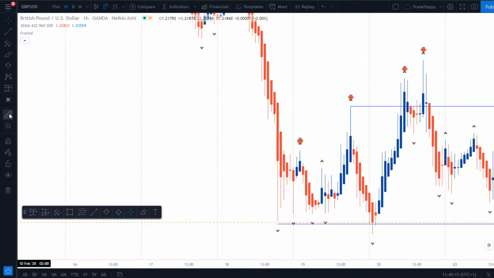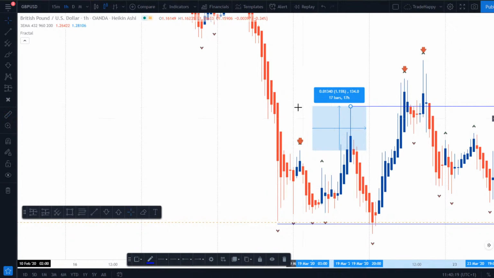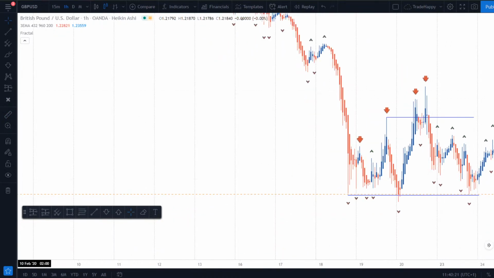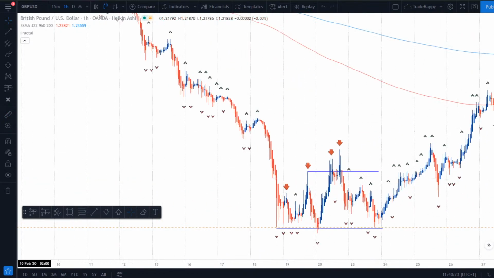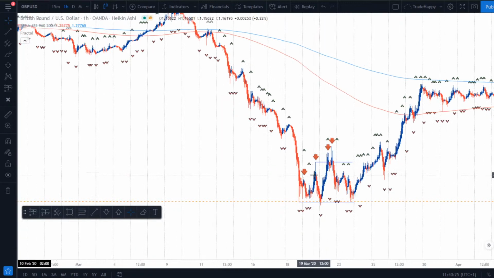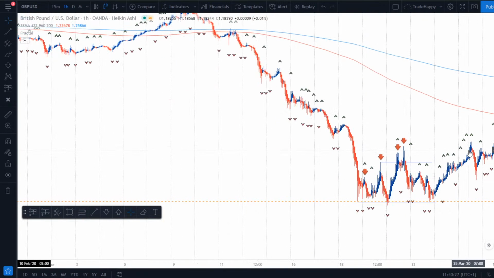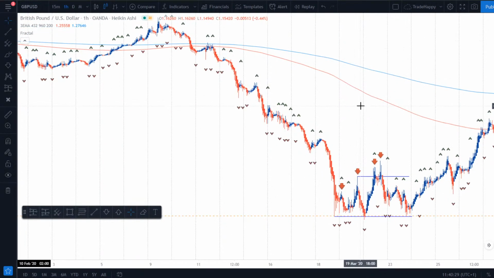Which is a difference of 13 pips. So actually it's not that much, but no, it's not 13 pips, sorry, 134 pips, which is obviously quite a bit.